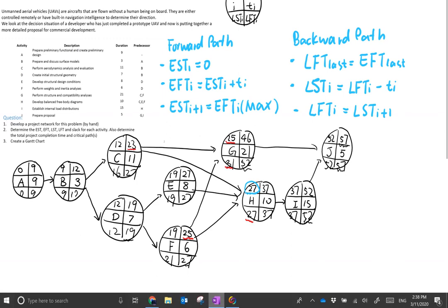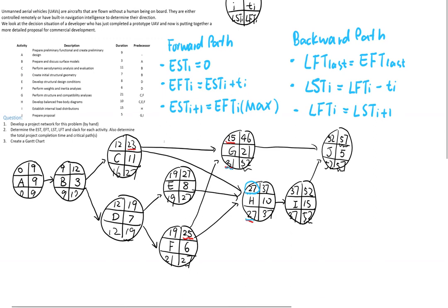For example, for activity C, there are two latest start times to choose from, which is 31 or 27. We want to choose the minimum, or the earliest, because if a successor can get started on that date, it means the predecessors are already finished. So this is the backward pass.